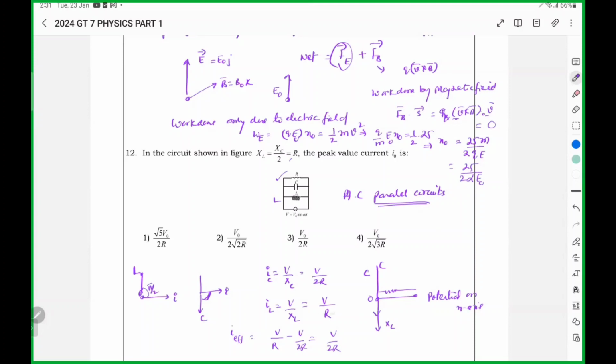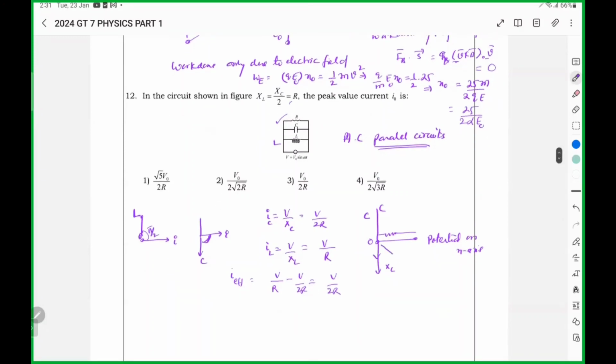So here, which is dominating through this L. So the resultant one will be, where it is R, here potential is V. Here, your current is V by R through the resistor. So here effective is V by 2R. So net will be V square by R square plus V square by 4R square.